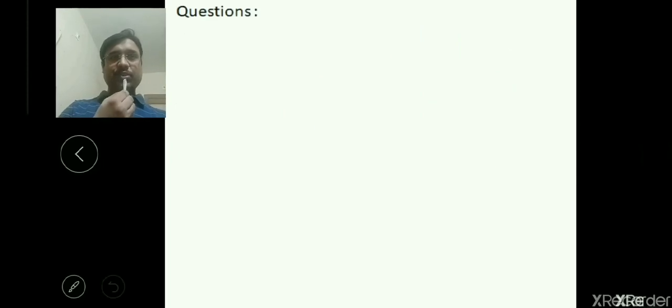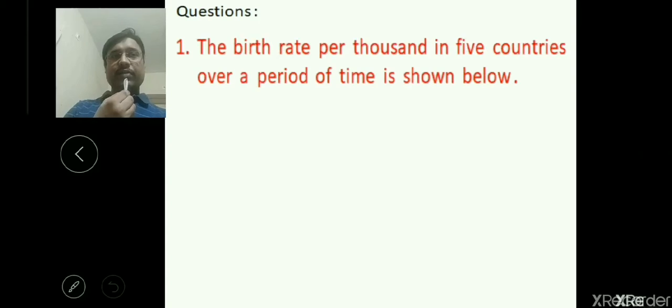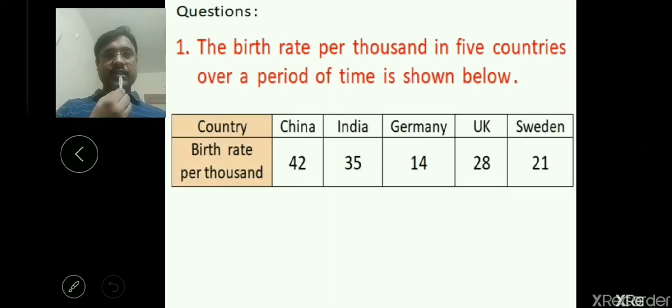Now you can see this question given. The birth rate per thousand in 5 countries over a period of time is shown below. The countries are China, India, Germany, UK, and Sweden.